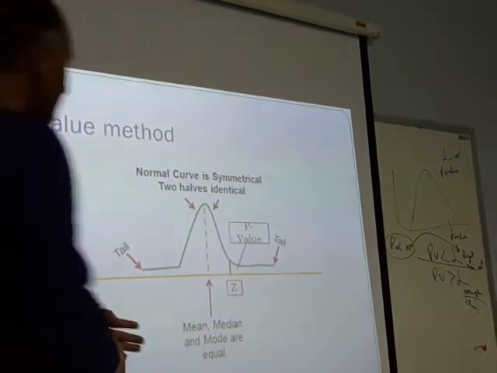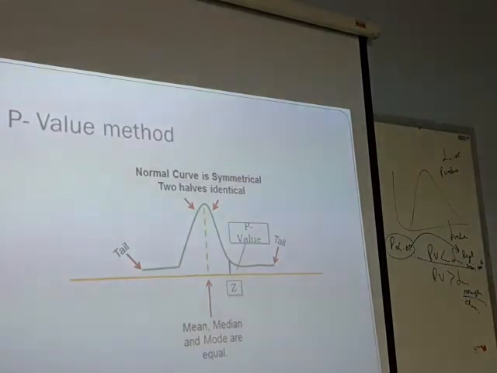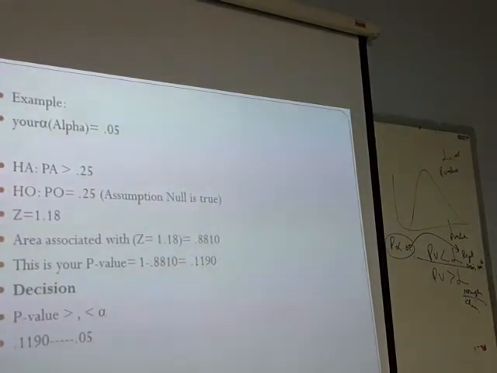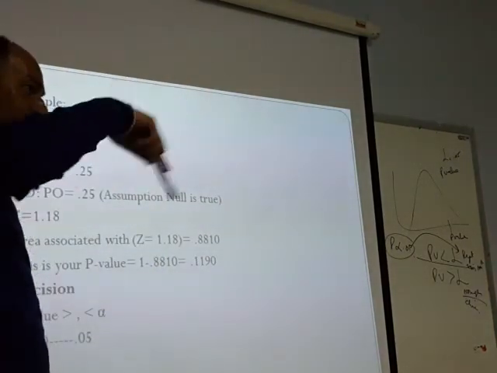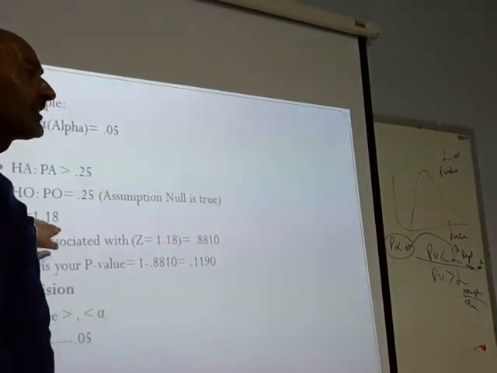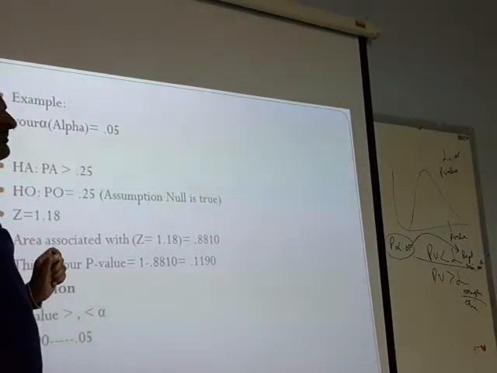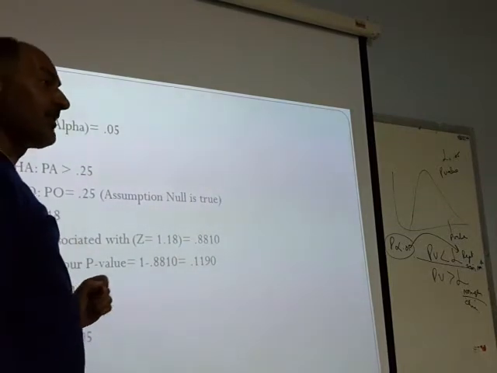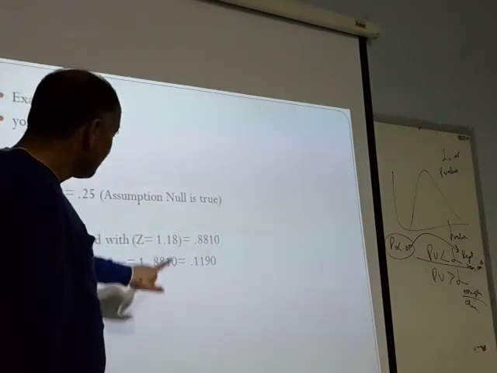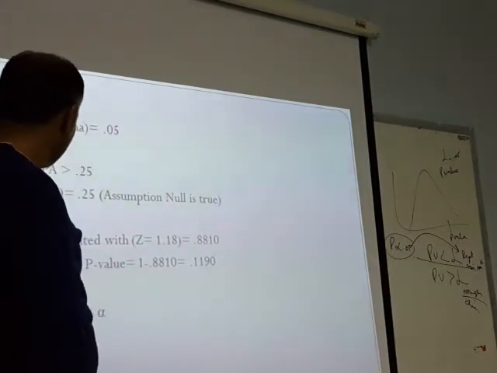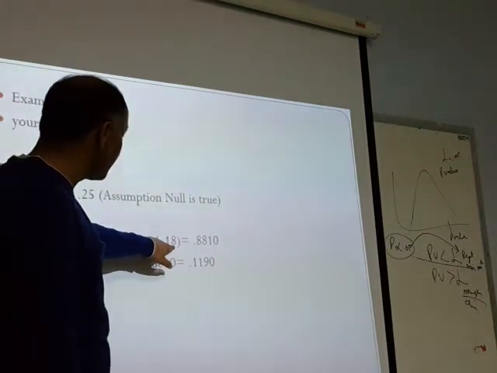So instead of getting a critical value here, you directly put your z value here. So now, if you go to the p-value method, you will look at the table and get a value for z of 1.18. But you know what the area under the curve is? How much is the area under the curve? 1. So we will subtract the area associated with z equal to 1.18.